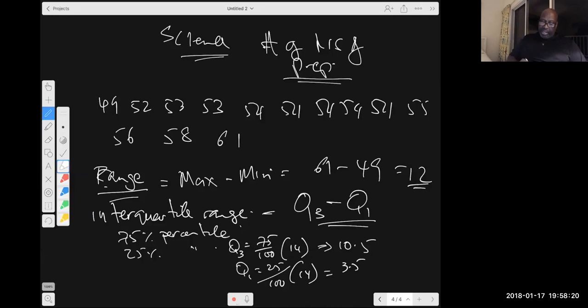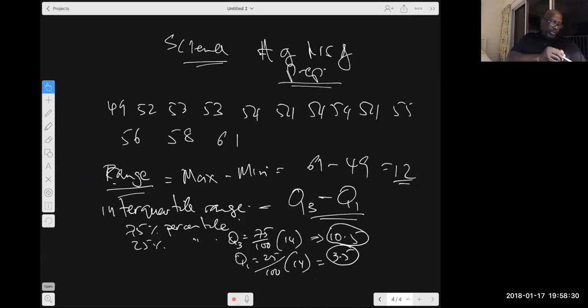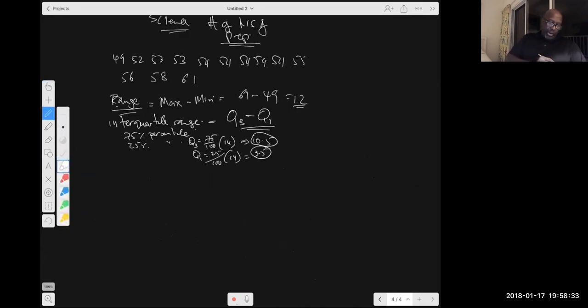So we need to find the value at location 10.5 and the value at location 3.5. Let's do 3.5 first. The value at location 3.5 would be 1, 2, 3, which is 53, the third value. And because the fourth value is also 53, there's no space between them. So basically that first quartile is just 53.